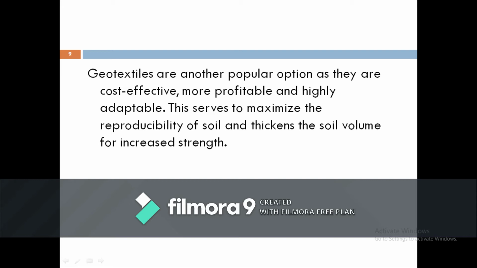This serves to maximize the reproducibility of soil and thicken the soil volume for increased strength.